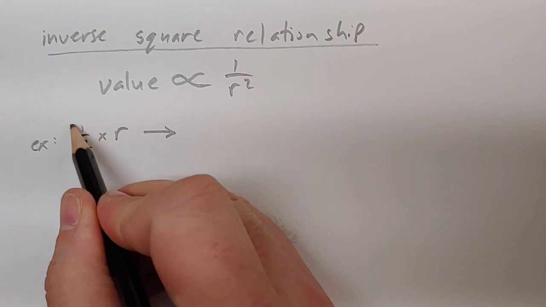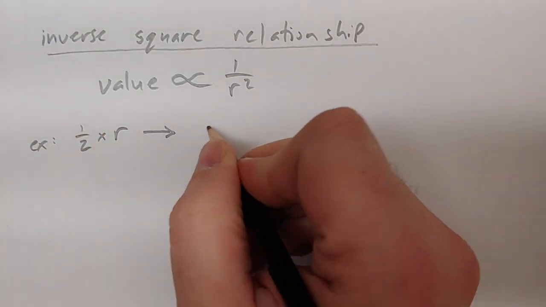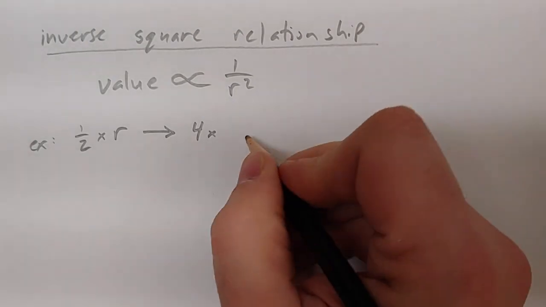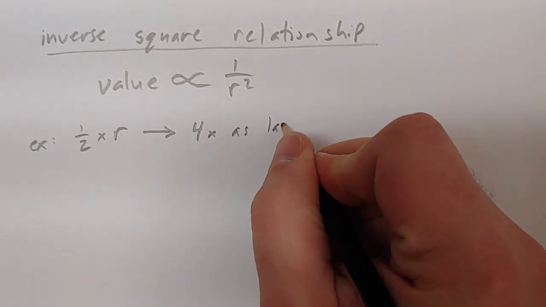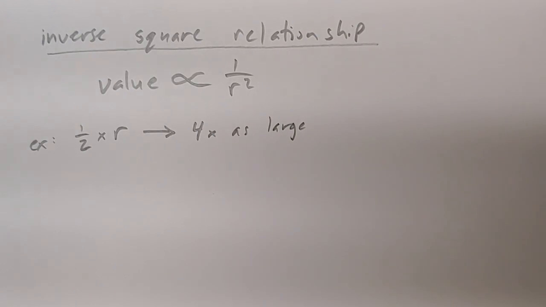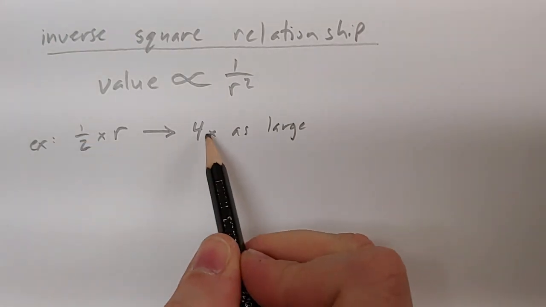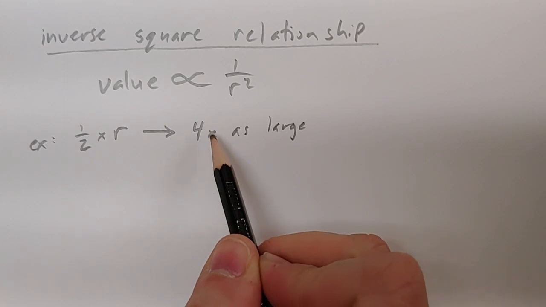We're going to get the inverse of this, which is 2 squared, 4 times as large for whatever variable we have that has the inverse square relationship, so the paint thickness or the force of gravity or whatever. And so you can think of this as fractions, where you invert the fraction and then square it.